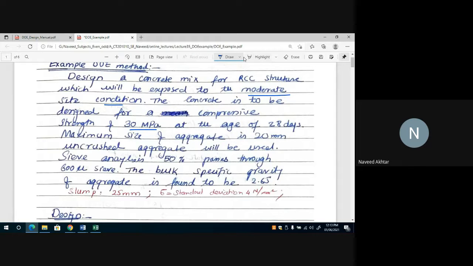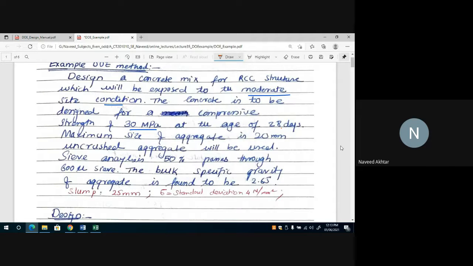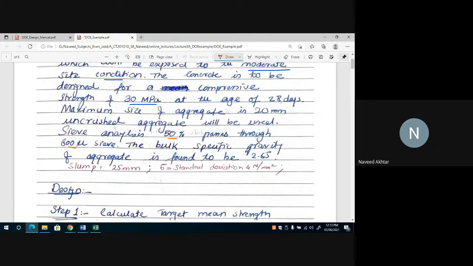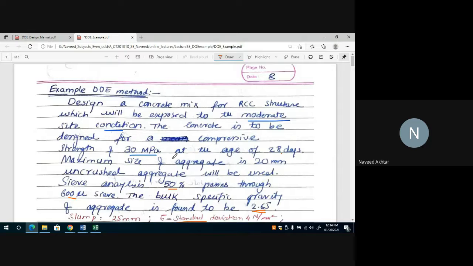Sieve analysis shows 50% passing through the 600 micron IS sieve, and the bulk specific gravity of aggregate is found to be 2.65. The slump is 25 mm and the standard deviation is 4 Newton per mm square. So all these values are given.